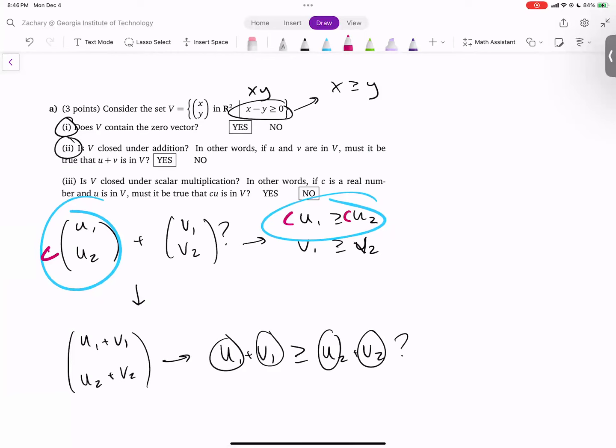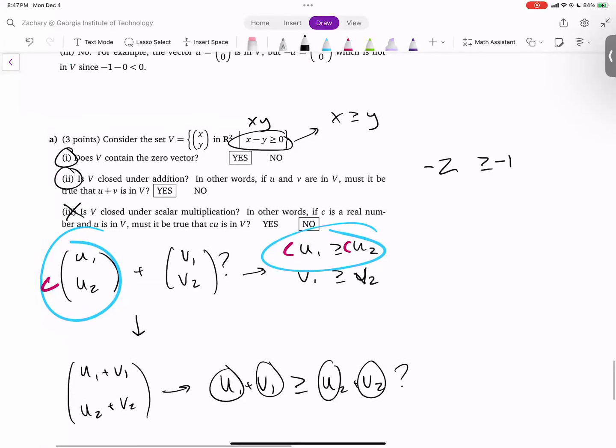Is there an example of a c I could pick to make this no longer true? Yeah, what if c is negative 1? The most typical case that will be an exception is a negative. For example, if u1 was 2 and u2 was 1, we have 2 is greater than or equal to 1. But if we multiply both of those by a negative number, it's not still true. So that's why it is not closed under multiplication.